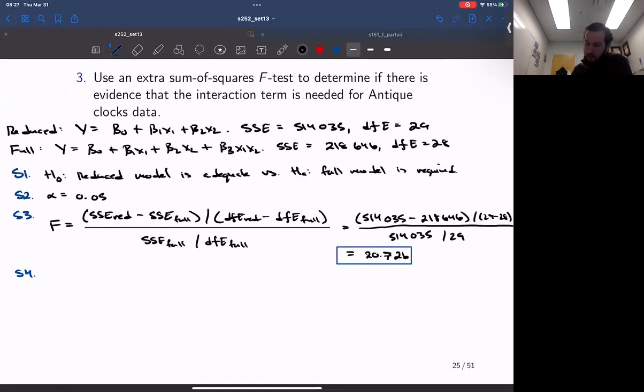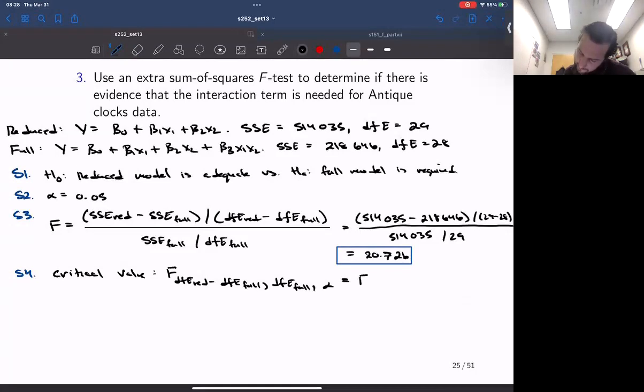All right, so it's an F test. On step 4, we can take a critical value or p-value approach. If we take the critical value, our F value is going to be on the degree of freedom error reduced minus the degree of freedom error full, the degree of freedom error full, and alpha.